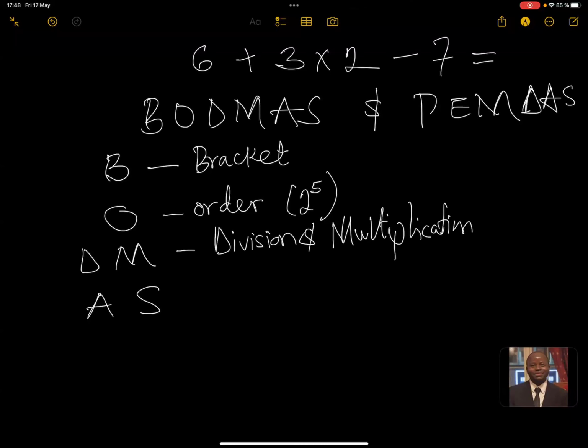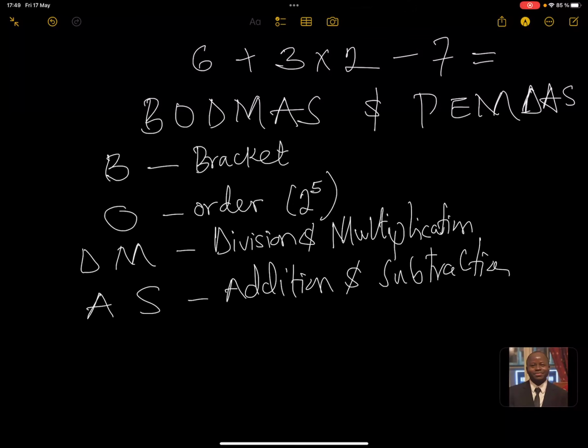So whenever you see your division or your multiplication, you are going to evaluate them first before you talk about A and S, which are addition and what? Subtraction. Just like division and multiplication, addition and subtraction are both at the same level.